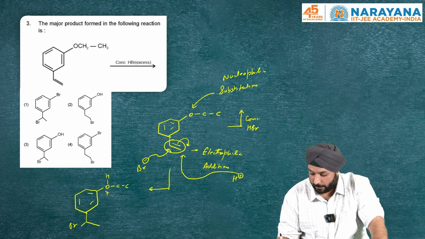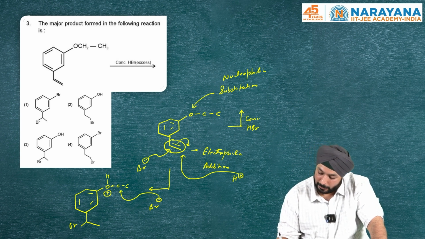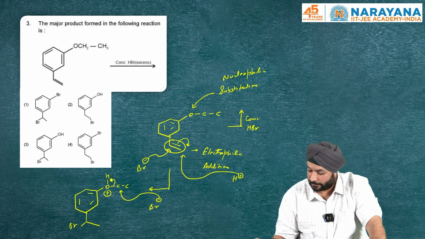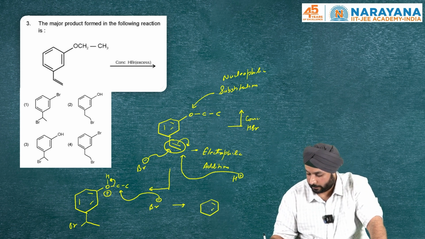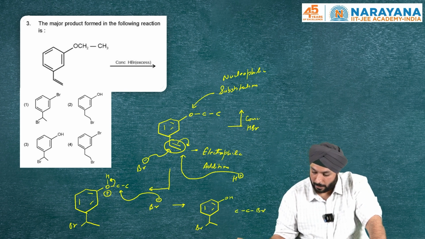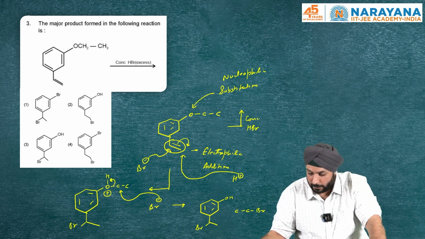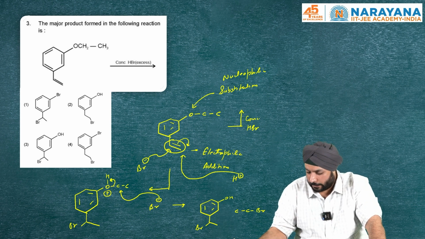Here the ether will get activated into a good leaving group where Br- will undergo an SN2 reaction. So this molecule will break, the bond will break in this direction. So the resulting answer for this question should be option number 3.